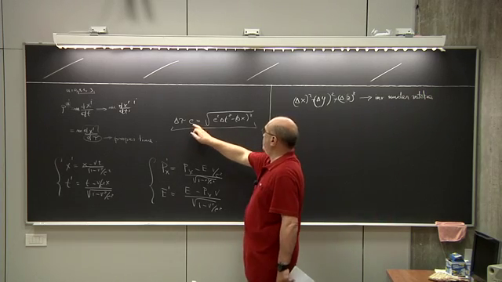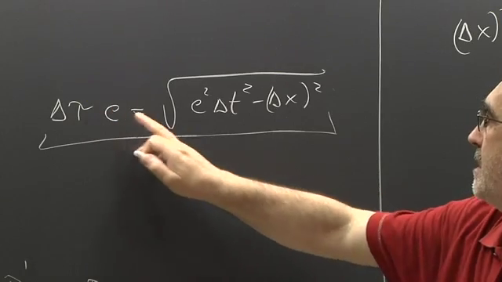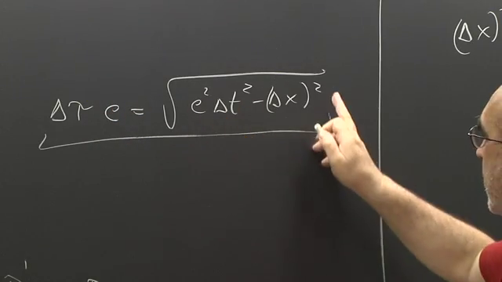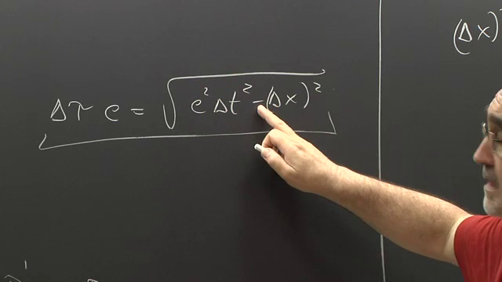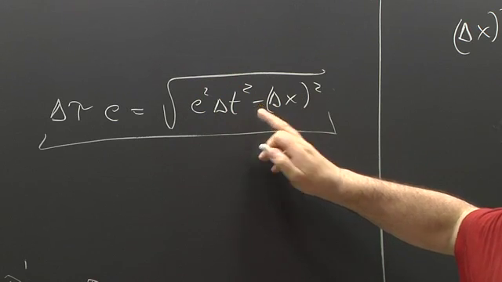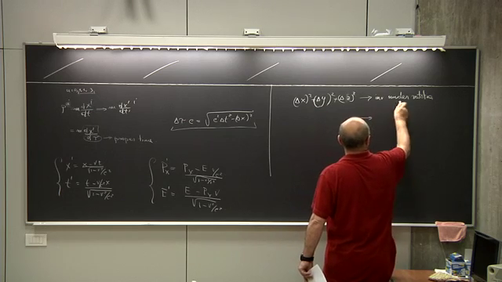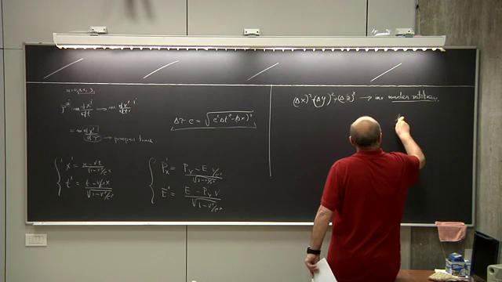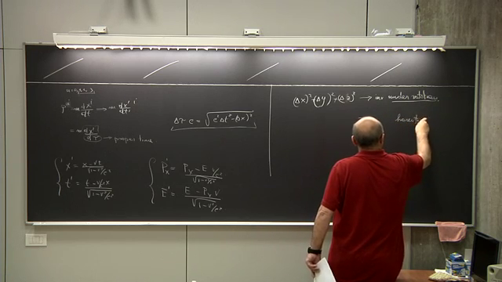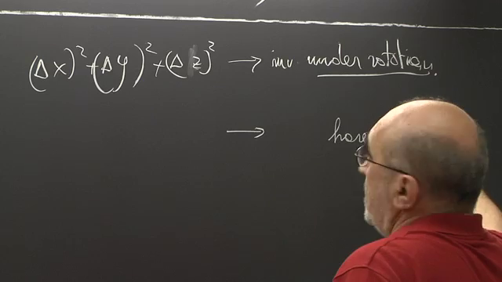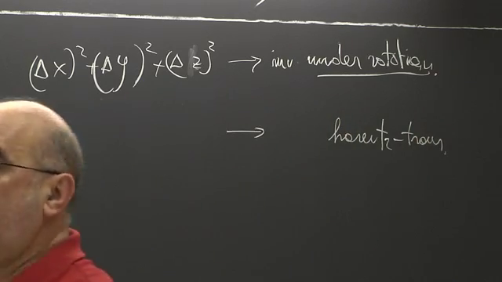I call this delta t the proper time. This quantity, despite the fact that it has a minus, is invariant under the analog of the rotation, that is, the Lorentz transformation. So this quantity is invariant.